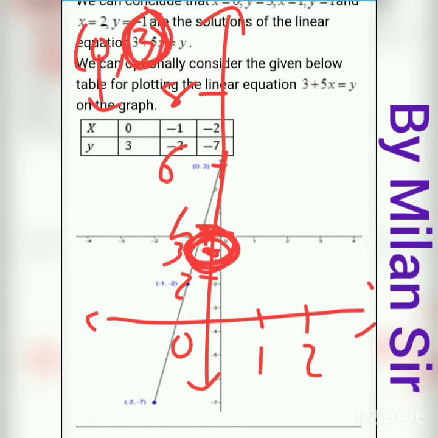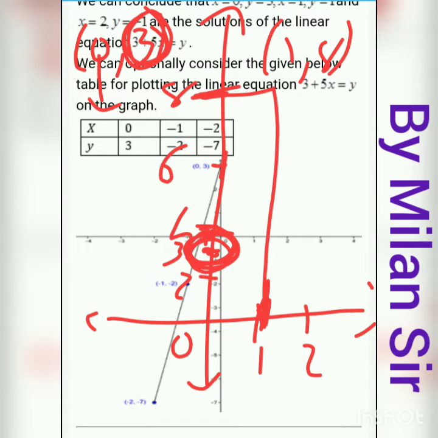Then for the second point, our second point is (1, 8). So on the x axis 1, here we have 1 and here we have 8. So join these 2 points and here you will get your second point, (1, 8). This line you do not need to show. Directly just show this point, (1, 8). On x axis 1, on y axis 8.